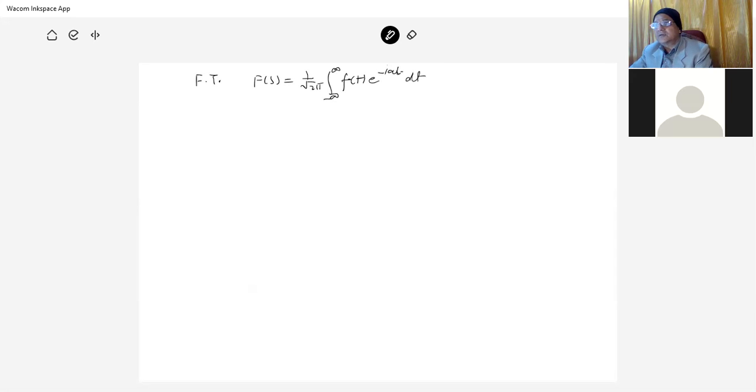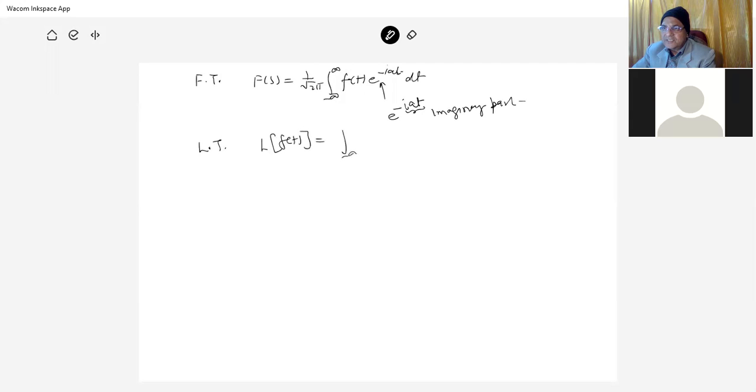So here the exponential power is e raised to the power minus i omega t, something like this. This is the imaginary part.